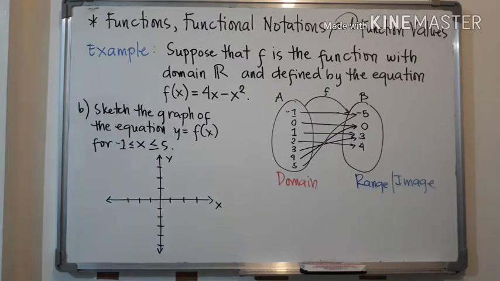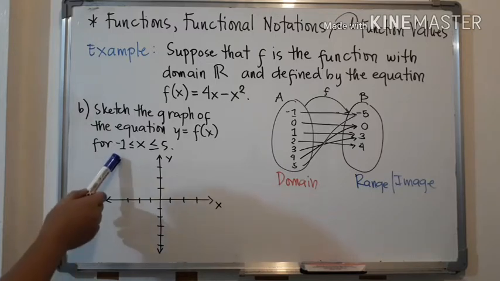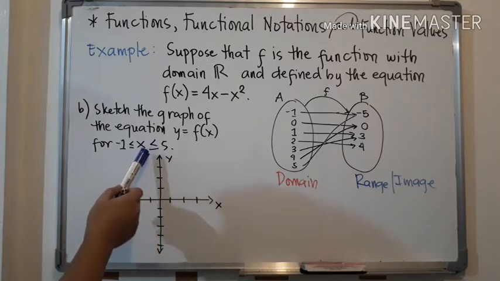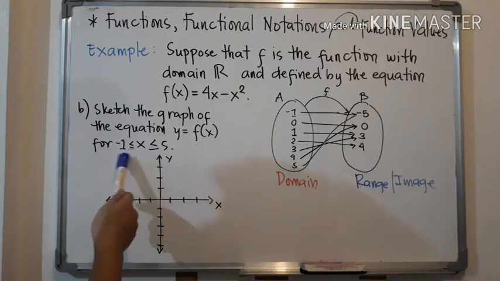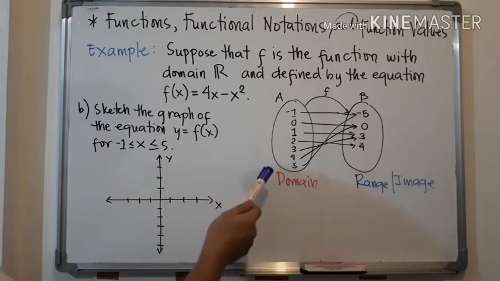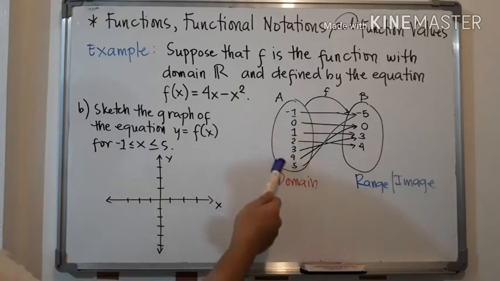Now for letter B, we are going to sketch the graph of the equation y equals f of x for x greater than or equal to negative 1 but less than or equal to positive 5. This set of x is actually the elements in our domain.